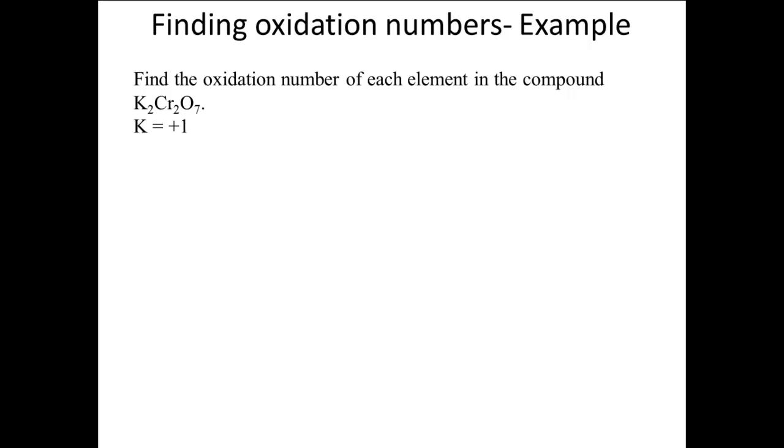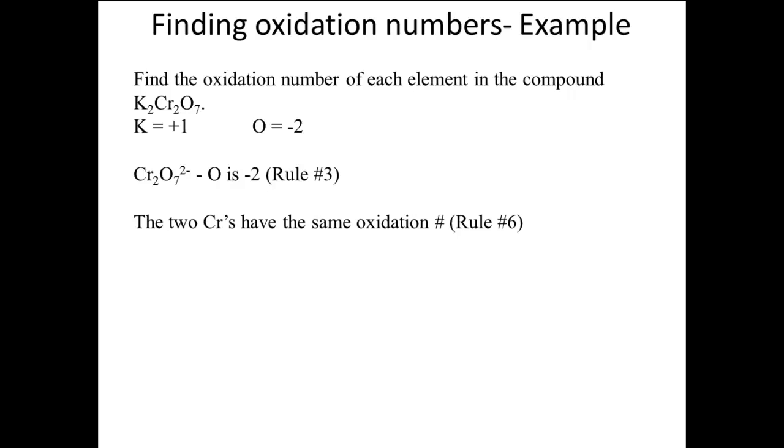For the dichromate ion, we know from rule 3 that oxygen will have an oxidation number of -2. From rule 6, we know that the two chromium atoms have the same oxidation number. So, according to rule 5, 2 chromium atoms plus 7 oxygen atoms with oxidation number -2 equals a charge of -2.